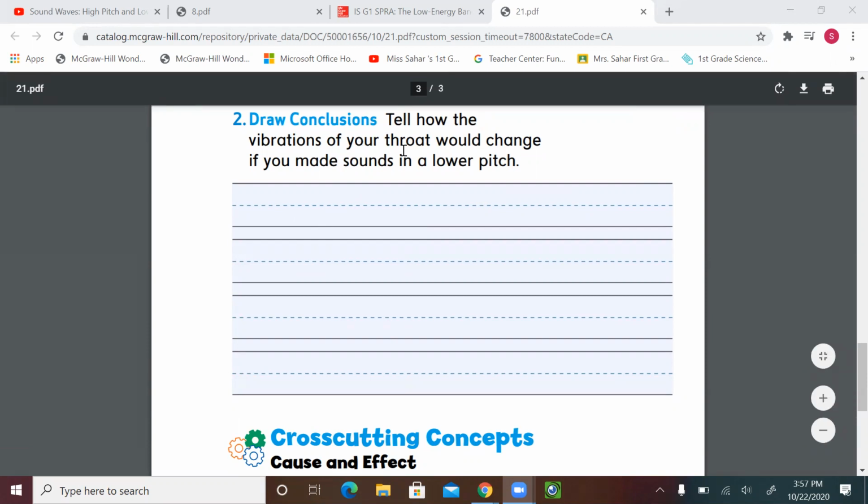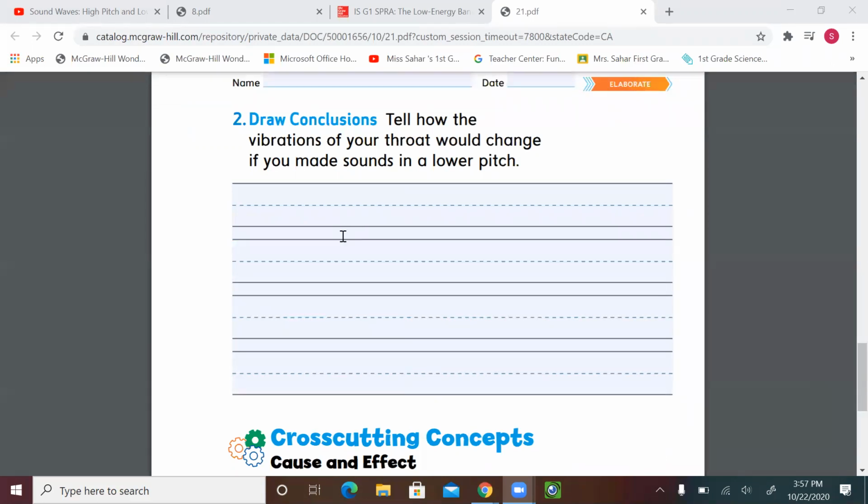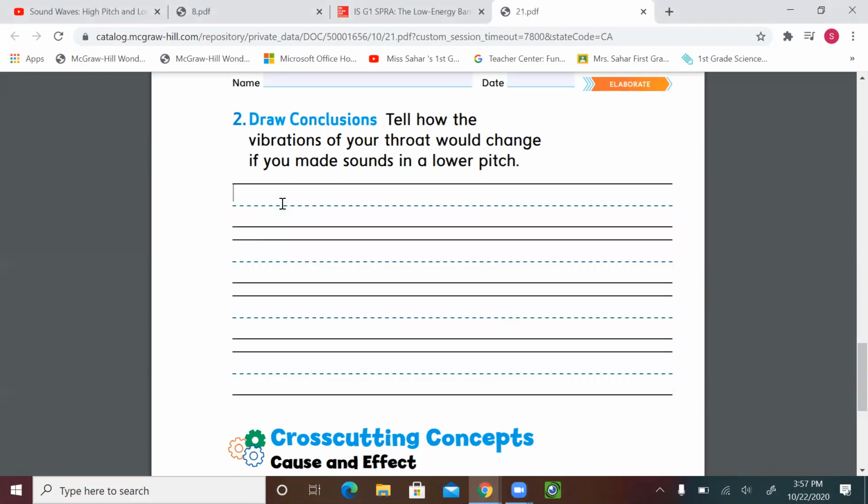Tell how the vibrations of your throat would change if you made sounds in a lower pitch. So if I'm doing a lower pitch, what do you think the vibration would be? Slower. So if I talk in a lower pitch, the vibration would be slower. So let's put this down.